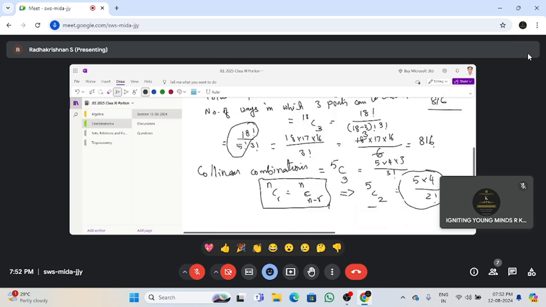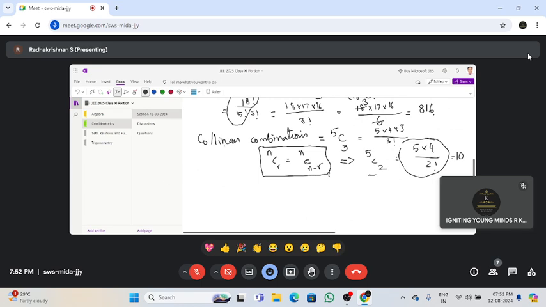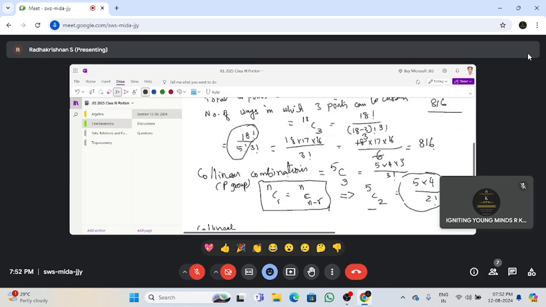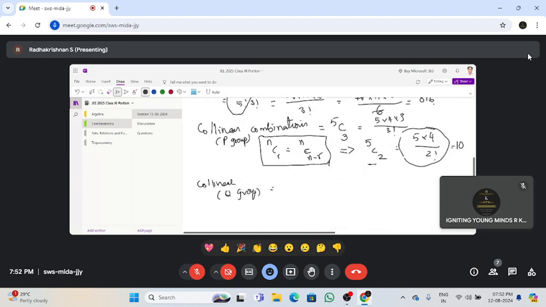Similarly, from the Q group, that is going to be 6C3, the same way. Here we cannot simplify, because even if you apply the formula nCr equals nC(n minus r), you will get 6C3 again.